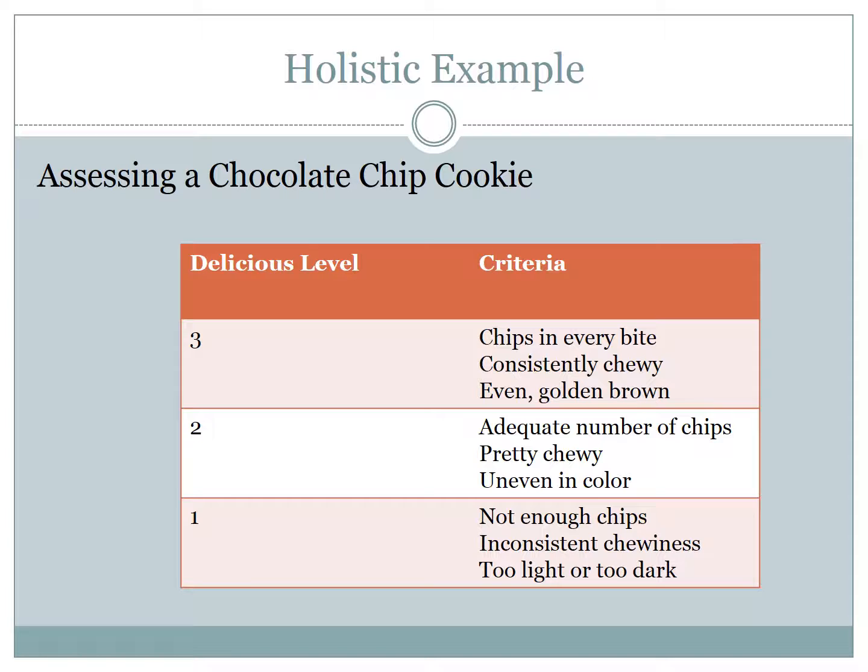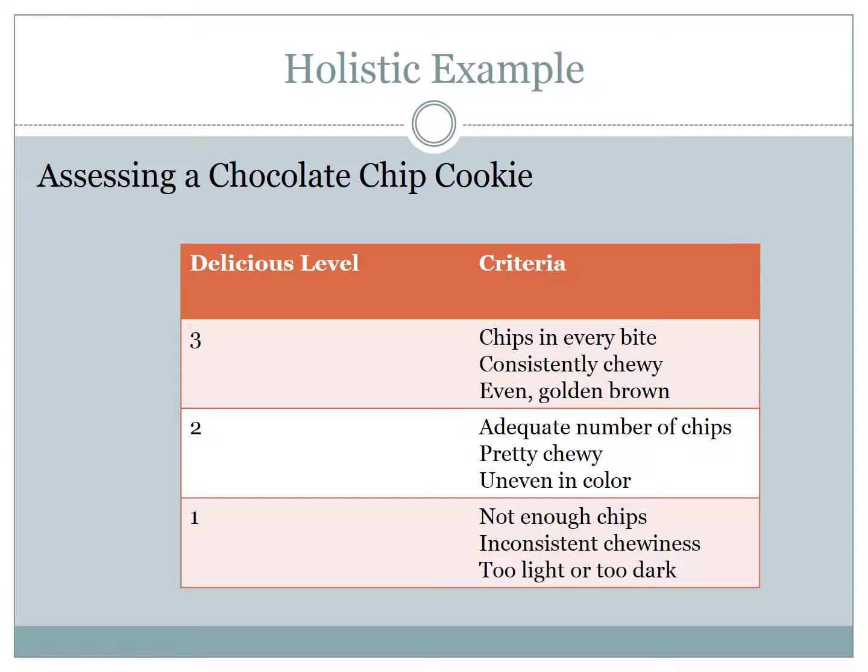Number 2 is a little bit less. Adequate number of chips. I might actually change that and say chips in almost every bite. It's pretty chewy, but not all the time, and it's a little uneven in color. And level 1: not enough chips, inconsistent chewiness, and too light or too dark.